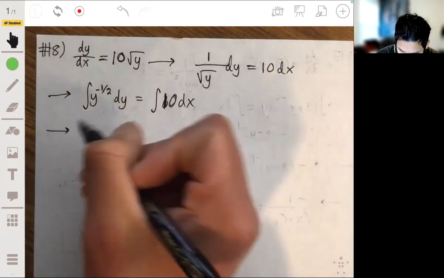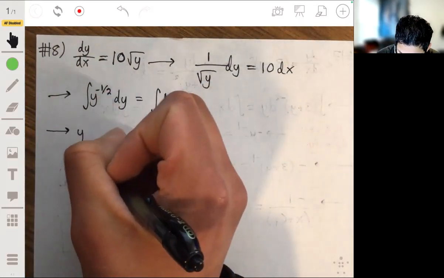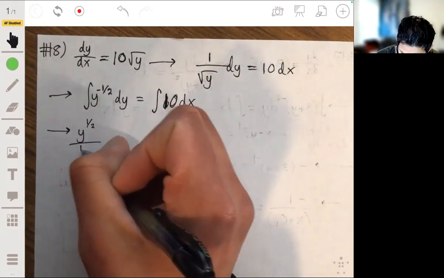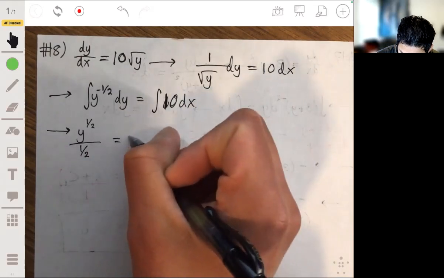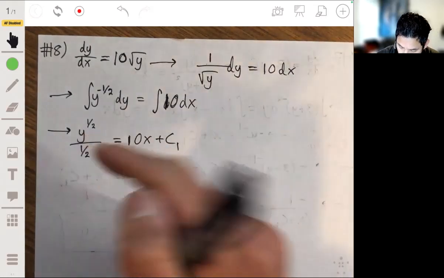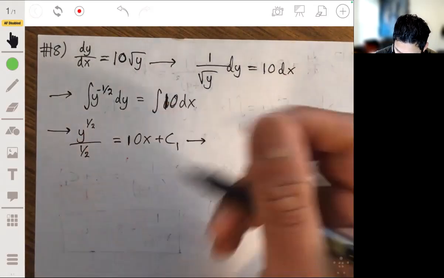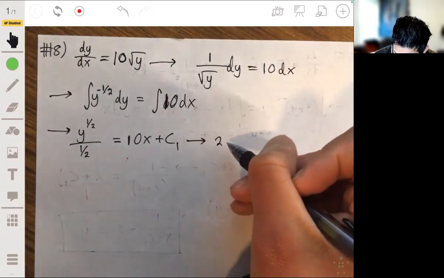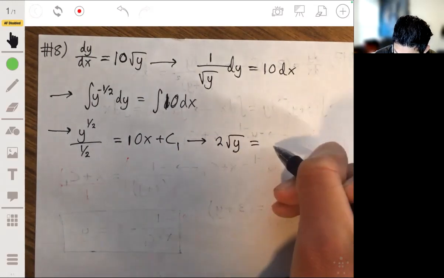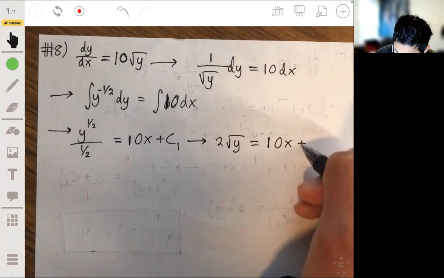And we can integrate from here. Using reverse power rule, add 1 to the exponent, so y to the 1/2 over 1/2 being equal to 10x plus c1. This will be basically 2 times the square root of y being equal to 10x plus c1.